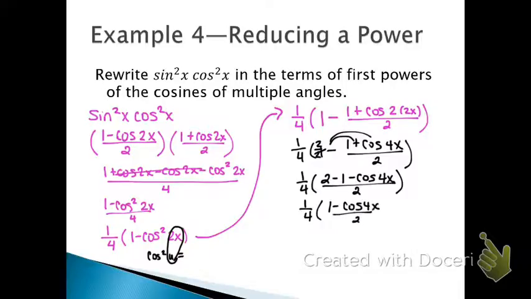Combine like terms. You can pull the 2 out of the bottom there, or you can distribute the 1/4 into it. It's up to you what you do. Either way, it's going to mean the same thing. I'm going to go ahead and pull that 2 out so I just have a number as a fraction.